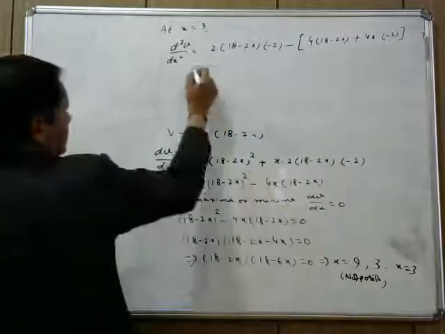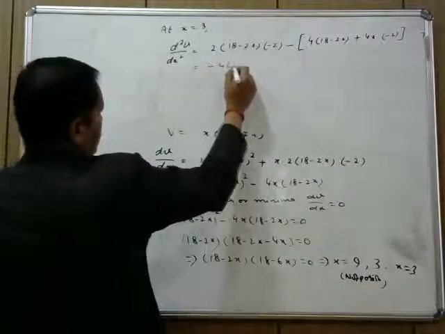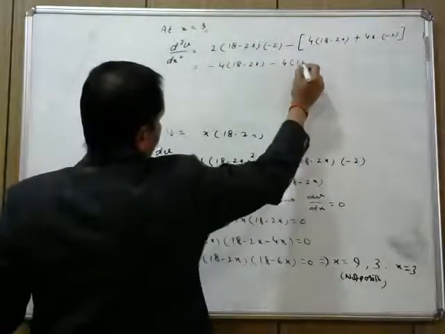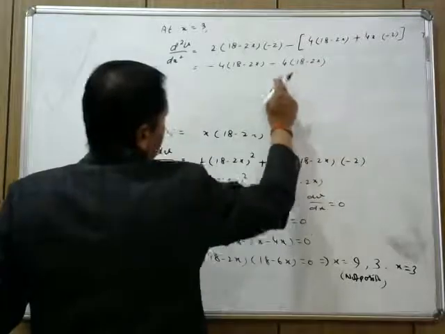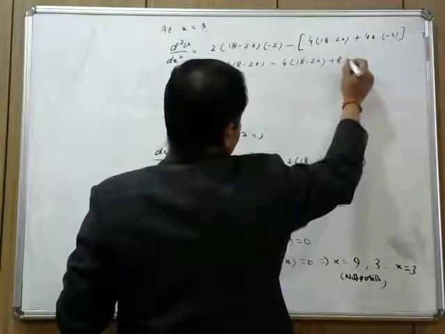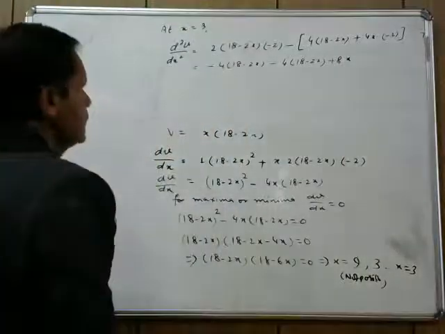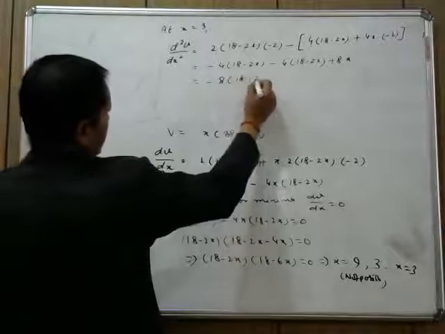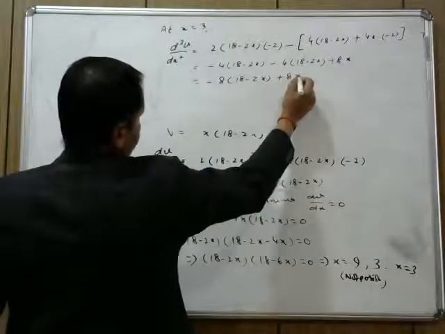Therefore, we get minus 4 into (18 minus 2x), minus 4 into (18 minus 2x), and minus and minus become plus 8x.